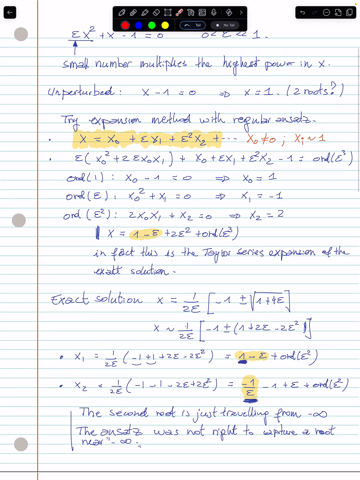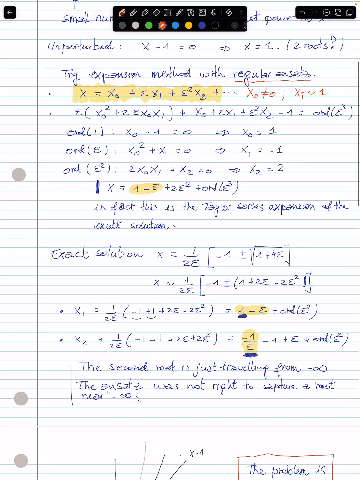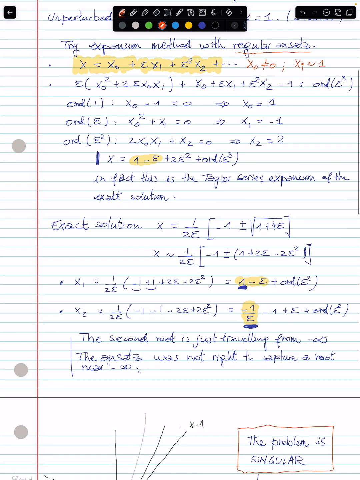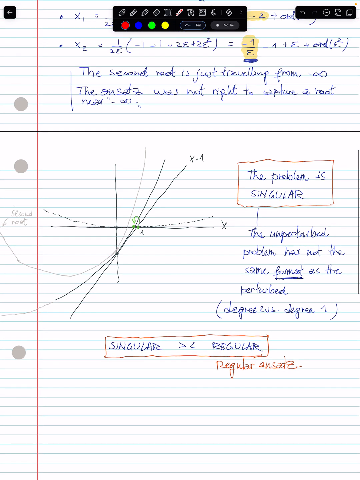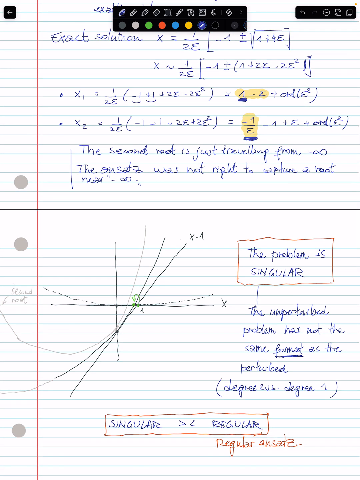Now, we saw that a regular ansatz is not suitable to capture the second root, which comes additionally in the problem because it is singular. So we need a different approach for that root. Of course, if we knew in advance, that's a little bit cheating, because in principle we don't know that. We know it here because we could get the exact solution.